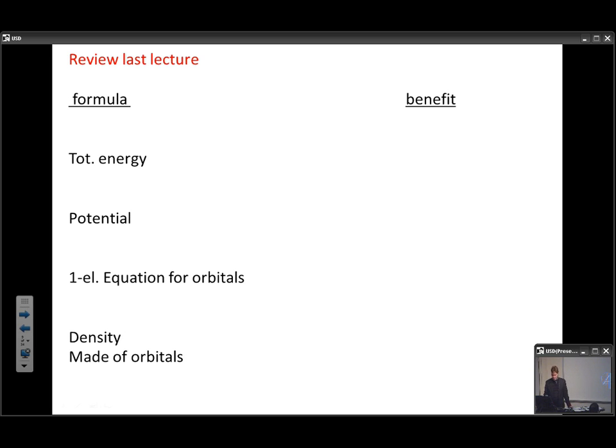So we can agree, we did agree, that the total energy of a model can be expressed as a functional of charge density, right? No objection.